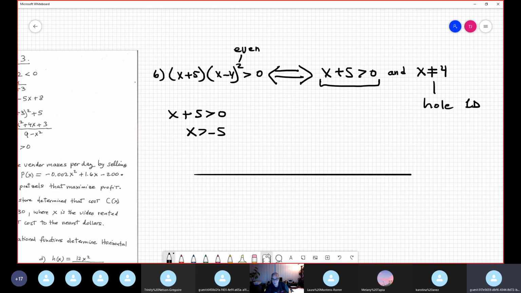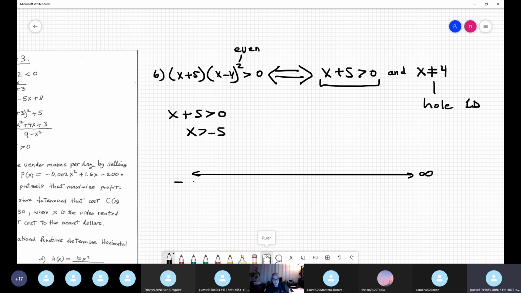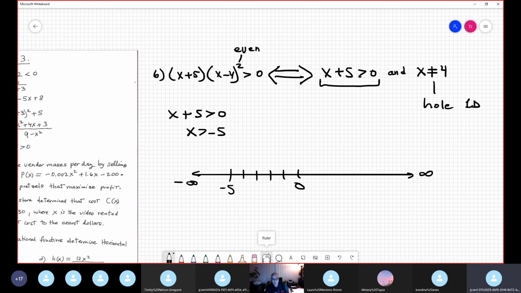Now, this is positive infinity. This is negative infinity. This is 0, negative 1, negative 2, negative 3, negative 4, and negative 5. That part alone is the bunch of numbers. So the interval greater than negative 5 is to the right of negative 5.